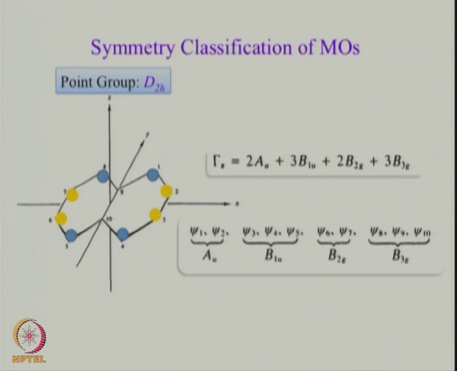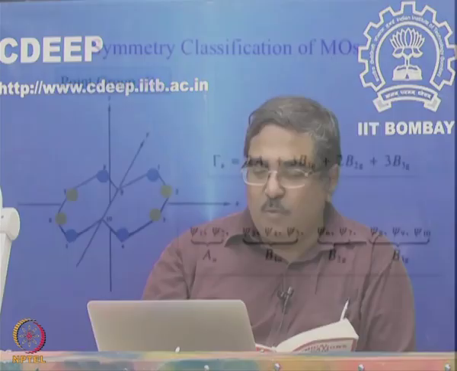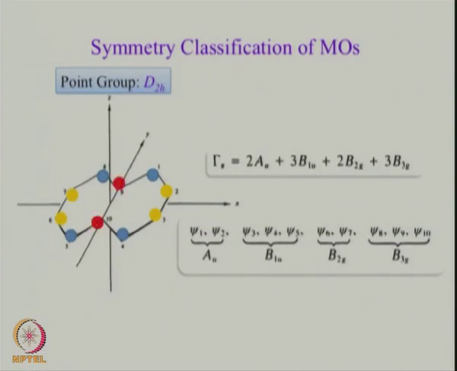Both groups have 4 p orbitals each. So, they are going to have very similar symmetries at the end of the game, and we are left with one more pair, 9 and 10.